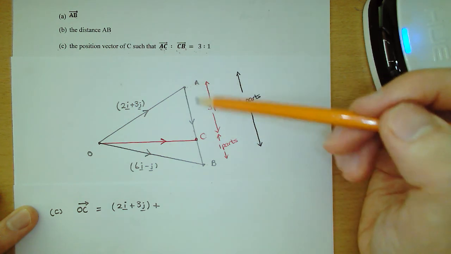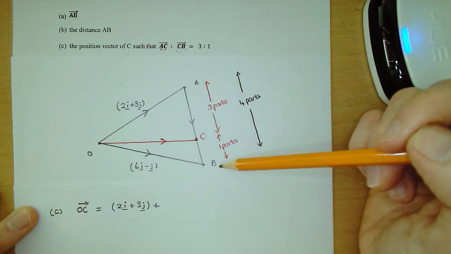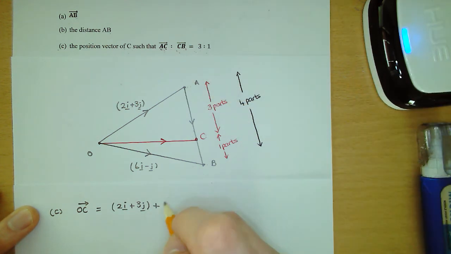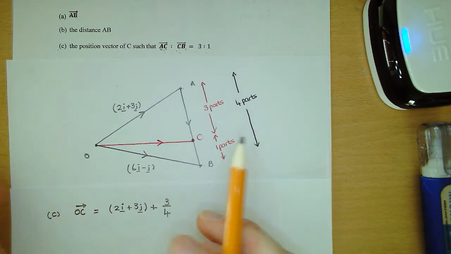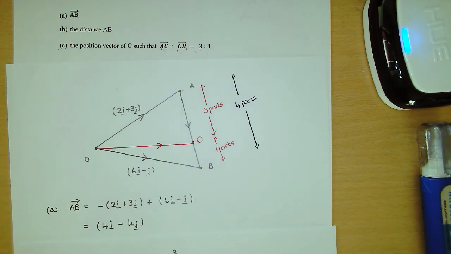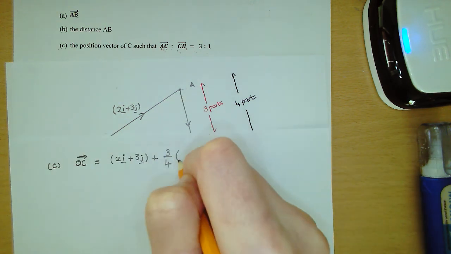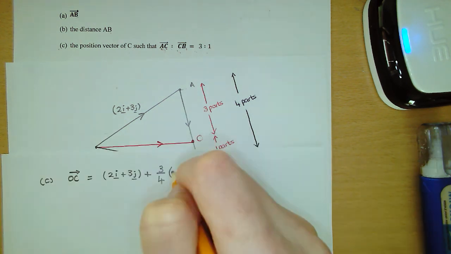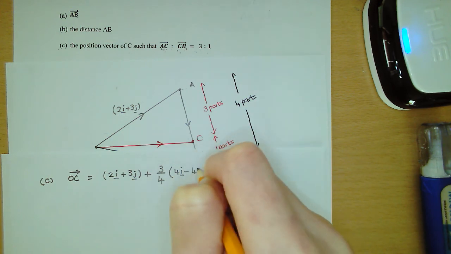So vector AC is 3/4 AB. Now what is vector AB? Well, if you go back to part A, we worked out vector AB. It was 4i minus 4j. So it's 3/4, and then we're going to have 4i minus 4j. So that is quite tricky.